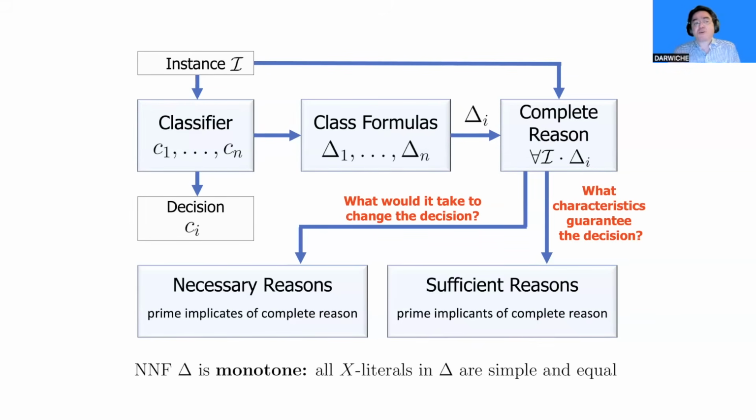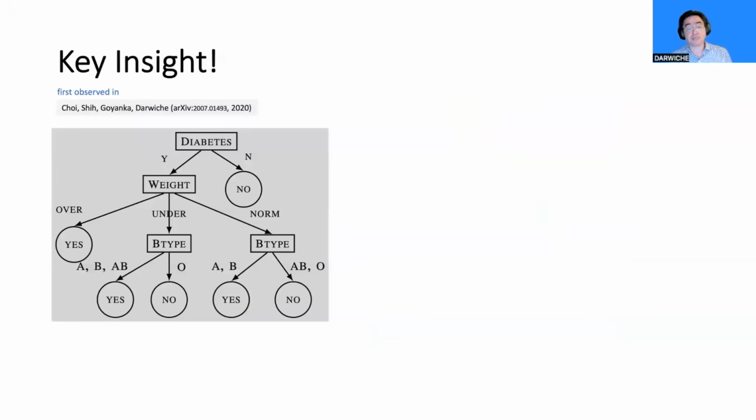So we're not talking about the computation of sufficient and necessary reasons, the prime implicants and implicates of arbitrary NNF circuits, but of monotone ones, and that gets facilitated. These papers discuss this issue in particular. This one in particular has a number of algorithms that do take advantage of this monotonicity property.